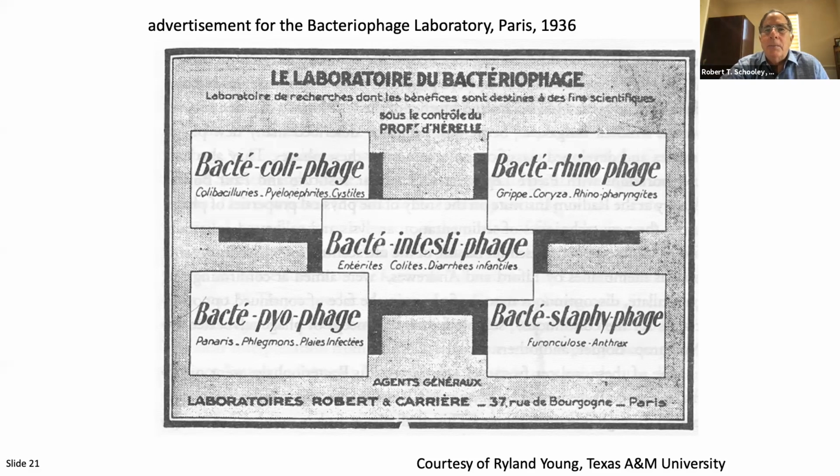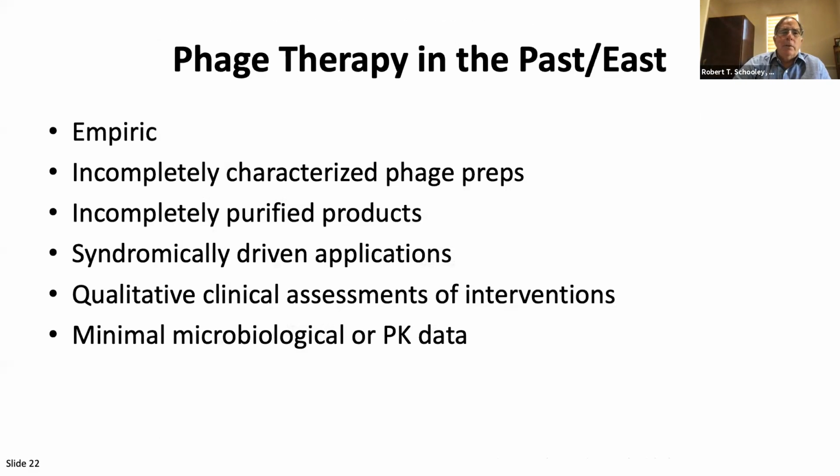the particular bacterial infection. So over the course of the first 30 or 40 years of phage therapy, both in the US and more in Europe and in the Eastern world, therapy was empiric. The phage preps were not very well characterized. The phage products, which, as I'll show you, have to be made in a specific way, were just kind of filtered out of rough supernatants from bacterial liquid cultures, with who knows what in the supernates in addition to the phage.